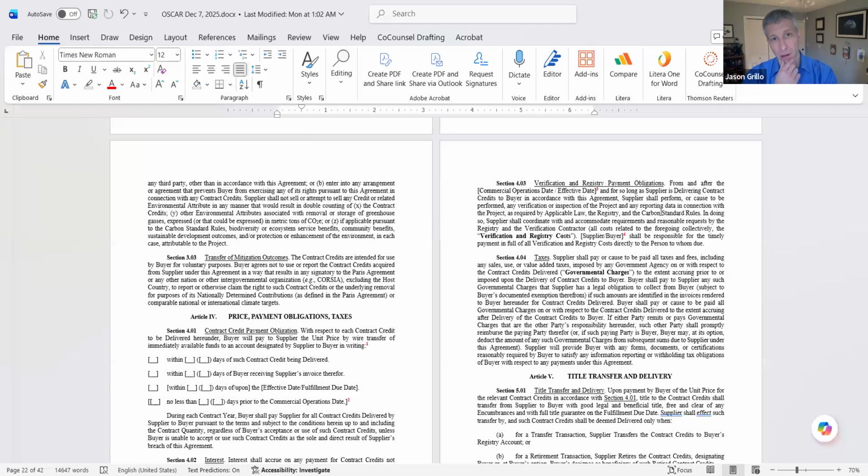Peter, I want to pick up on a question that I have just from my own experience in negotiating carbon removal contracts and in carbon markets. Say I'm a buyer and I'm accustomed to not necessarily durable carbon removal, but I am familiar with, say, REDD+ and ARR and IFM, reforestation and afforestation and improved forest management projects.